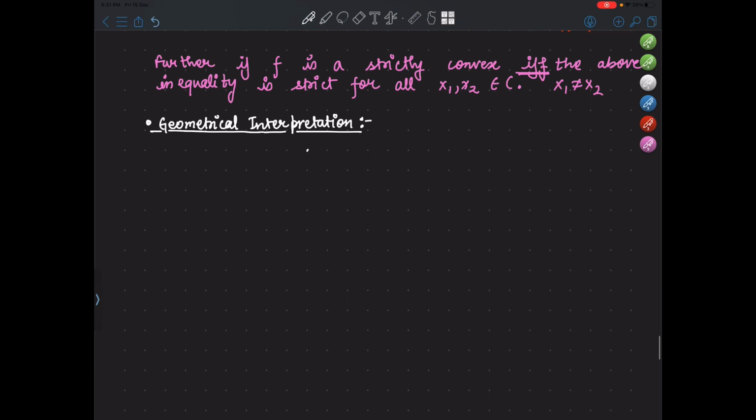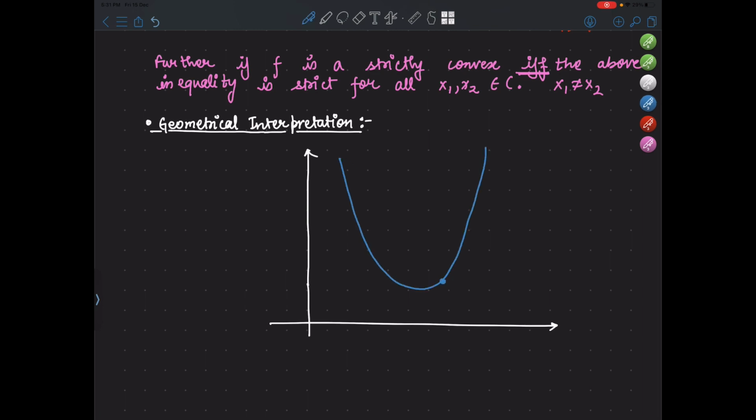Let's say I have a function, and let this point be x1 and this point be x2.